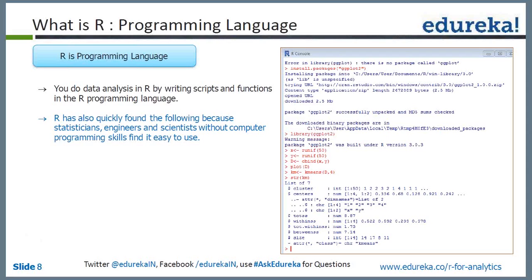So if someone asks you whether SAS will replace R, the answer is no. In fact, you will be surprised. SAS Studio provides capability to interface with the R language, because they are finding ways to make them work better with each other in the best interest of customers. So that's why both of them are here to stay.